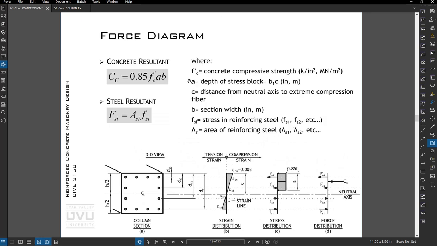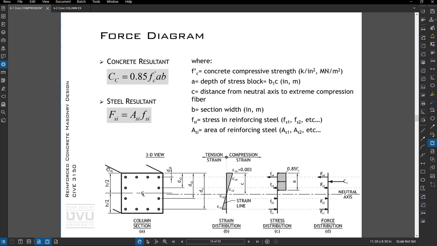And then we want to develop the force diagram where we're taking the stress in each bar times its cross-sectional area. So here we have Fs1, and maybe that's at yield, maybe it's not, but we'll multiply it times the area of the 4 bars right here. And then Fs2 we'll multiply by just 2 bars, same with 3, but it's going to be in compression.